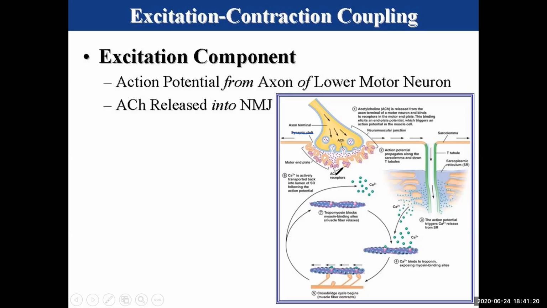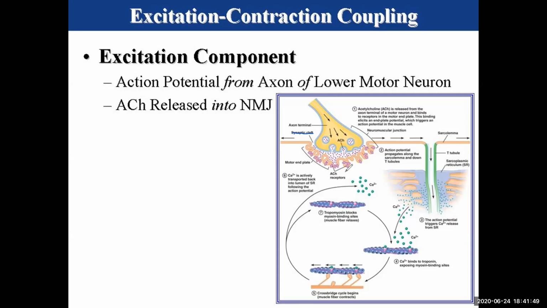By simple diffusion, it crosses over the neuromuscular junction. It binds to the ACh receptor, the nicotinic acetylcholine receptor, which is an ion channel. It requires 2 ACh molecules per receptor to open. And when they open, they allow a massive influx of positive charge ions, sodium and calcium, while allowing potassium to leave.